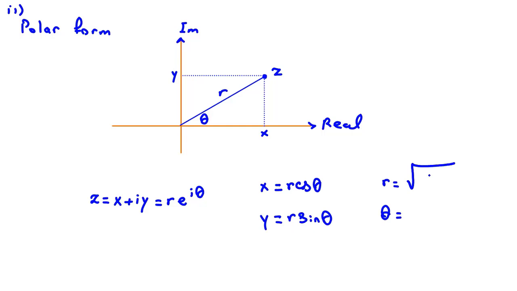So r equals square root of x squared plus y squared. Now calculate theta on your own in terms of x and y.